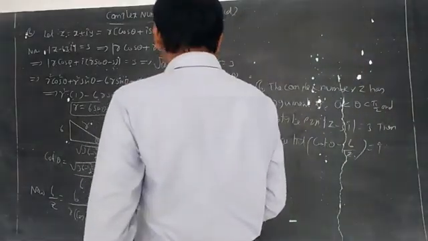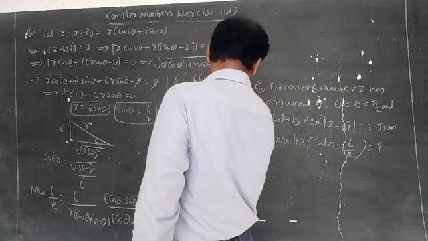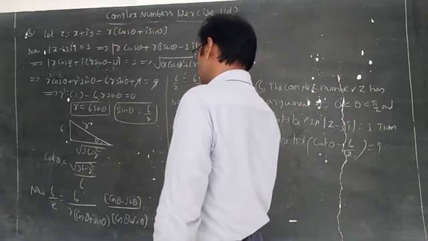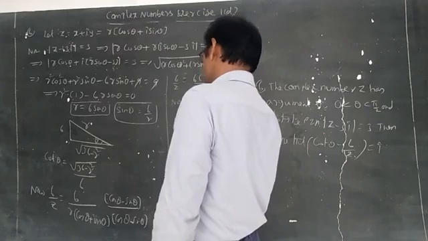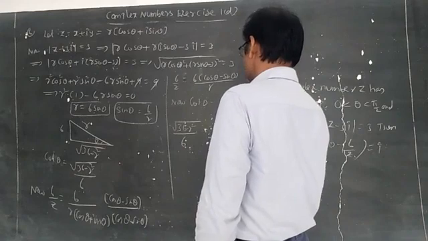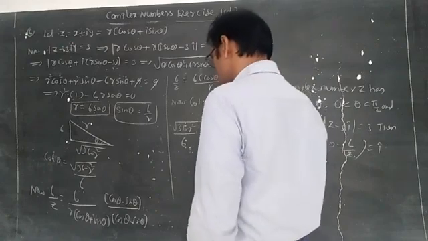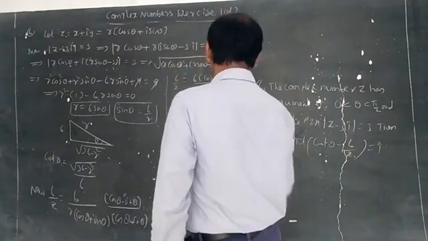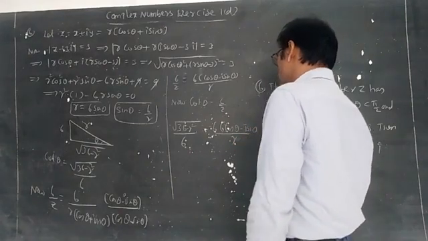So what is cot theta? Cot theta is root of 36 minus r square by 6, minus 6 by z, that is 6 into cos theta minus i sin theta, whole by r.